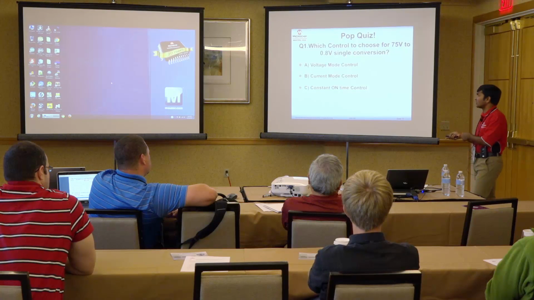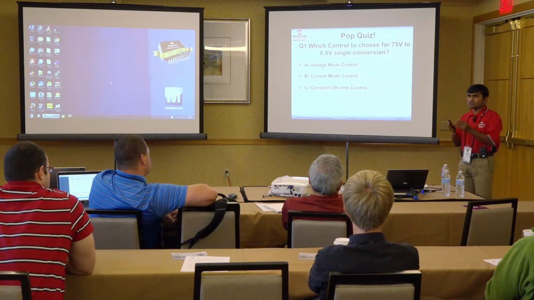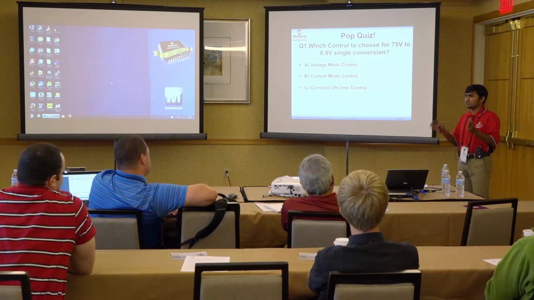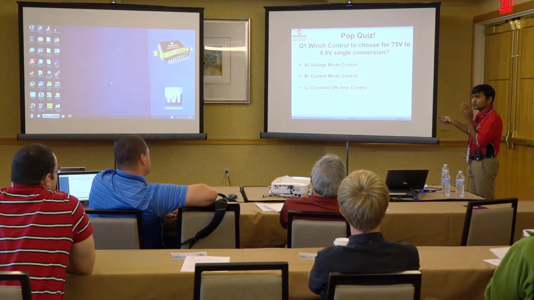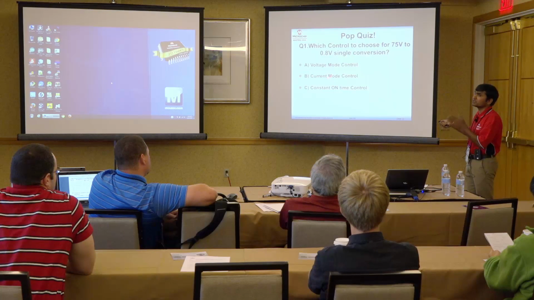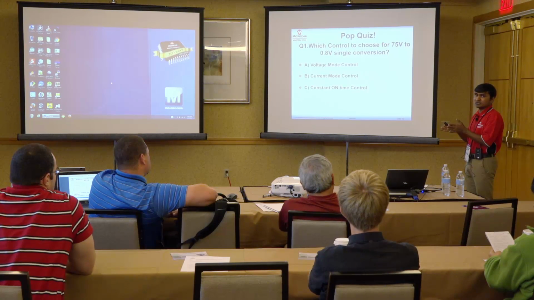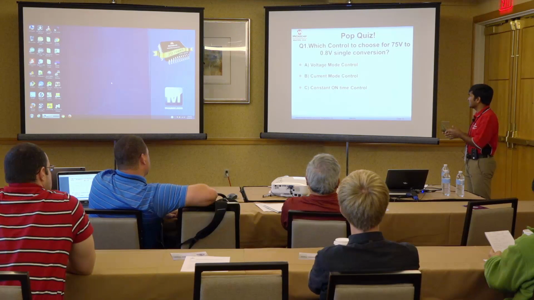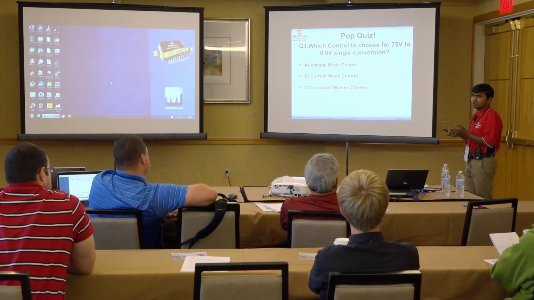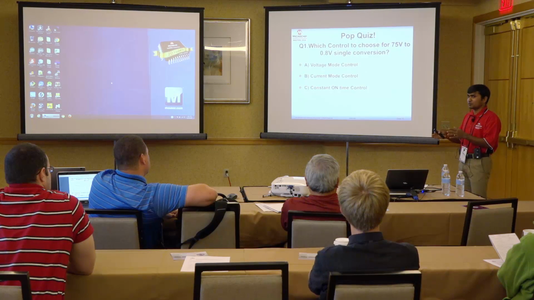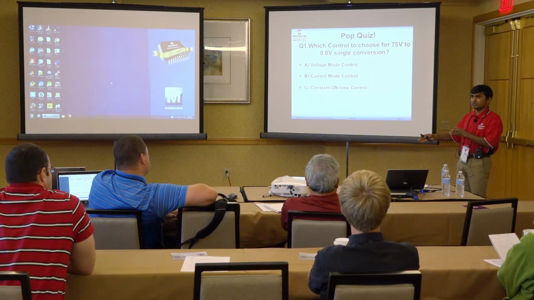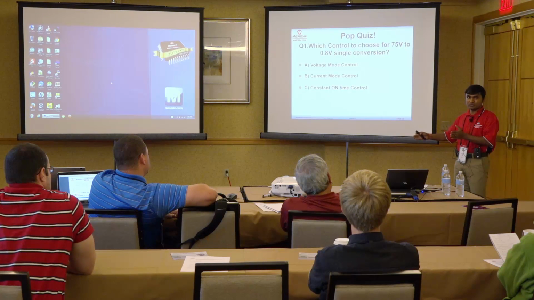But if you go to the constant on time control, the frequency modulates. The frequency does not stay constant, but in the case of voltage mode control, the frequency tries to stay constant, but once it reaches the minimum on time, it cannot control anymore. In the case of constant on time control, when it reaches the minimum controllable on time for that particular IC, whatever it could be, if the output is still not regulating, it can modulate the frequency.